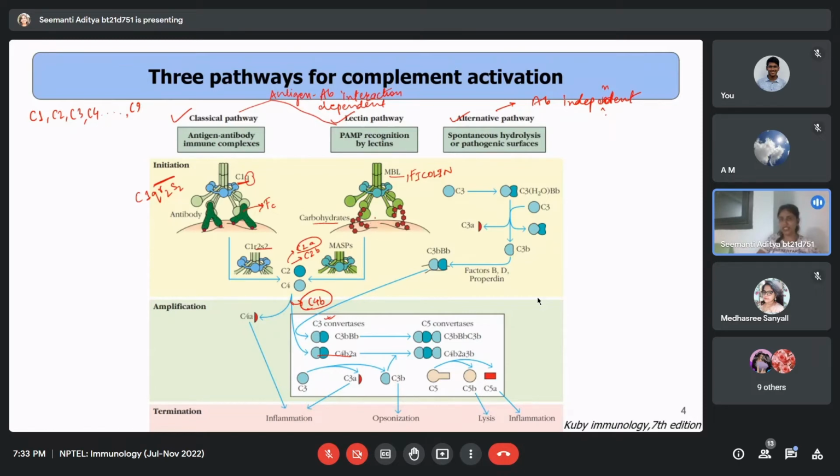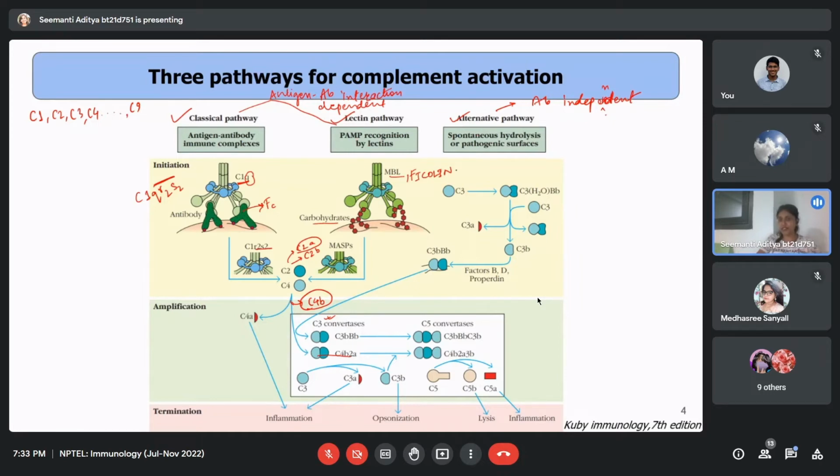It is still known as antigen antibody interaction dependent because the antigen is interacting with some kind of protein, not necessarily with an antibody at this point of complement activation, but it is somehow associated with the antigen recognition. That is why it is known as antigen antibody interaction dependent.